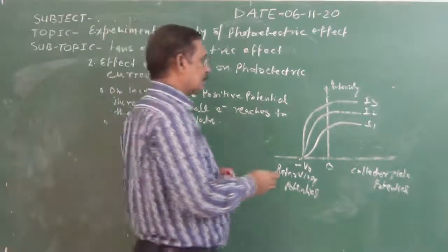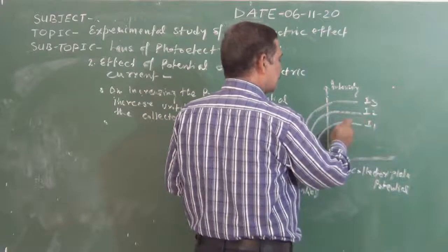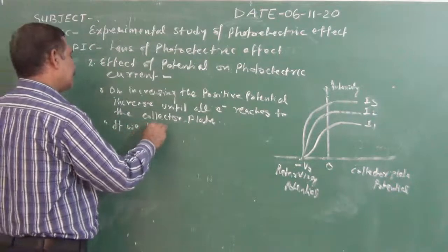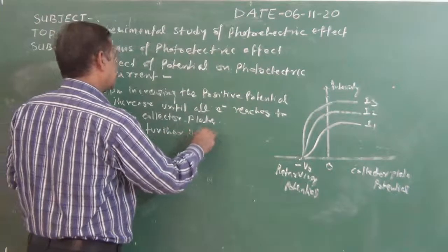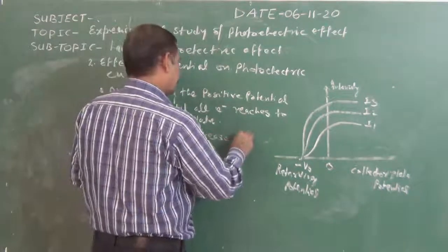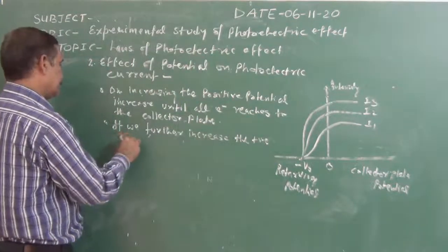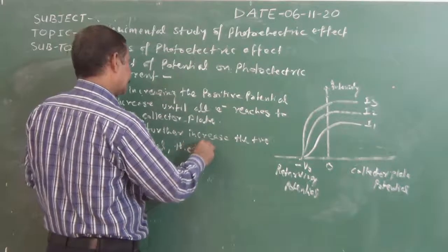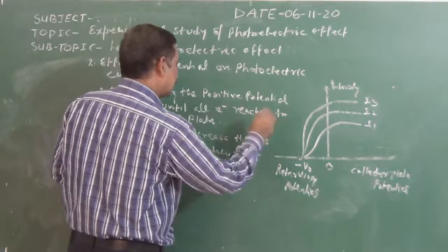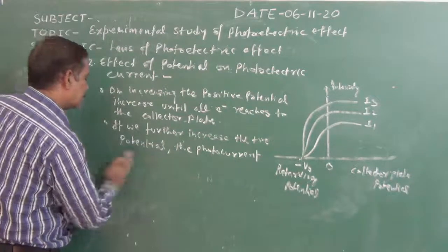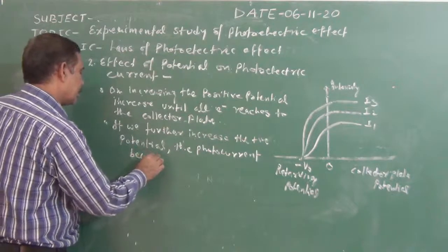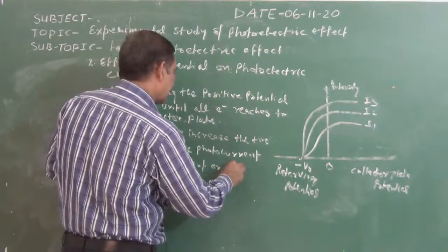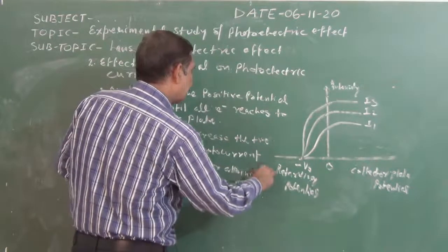If we further increase the collector potential, the positive potential, the value of photocurrent attains the saturation position or remains constant.